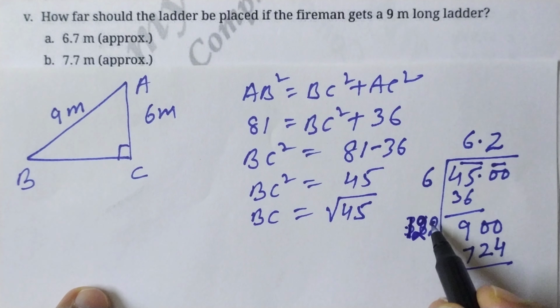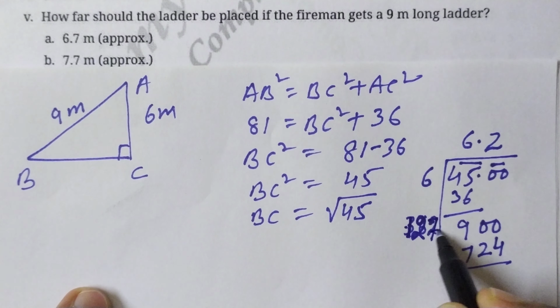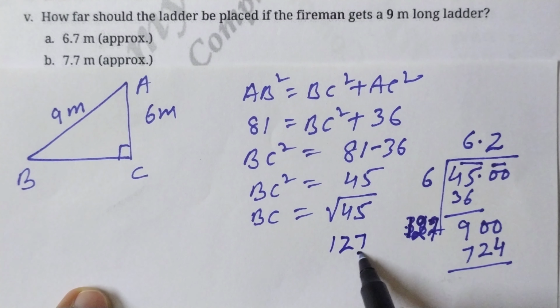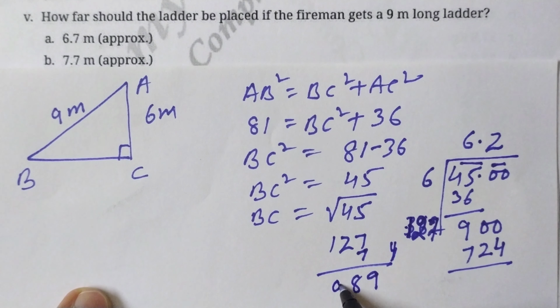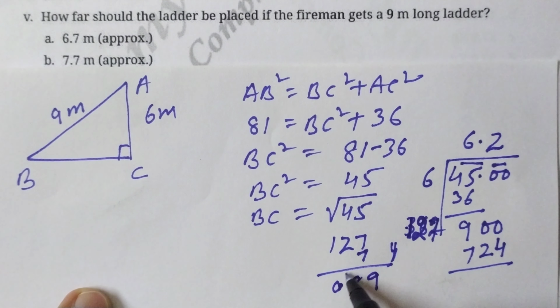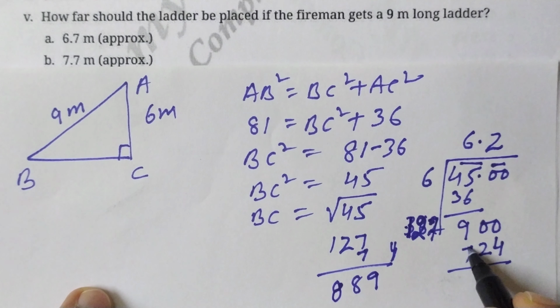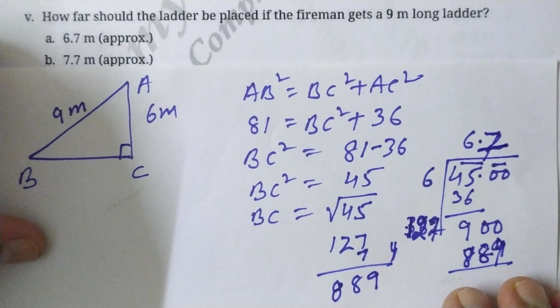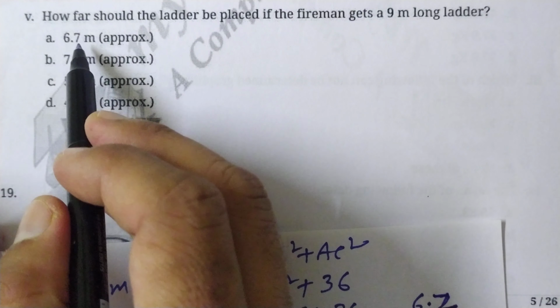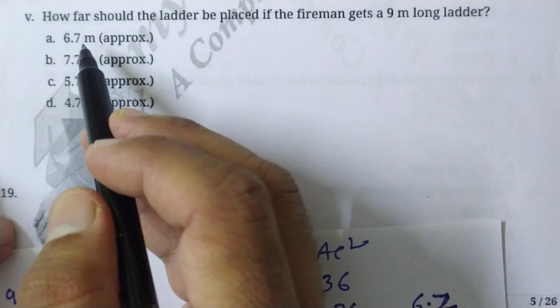So if I put here 1, we are to multiply with 1. So if I put here 7, so it is 127. Then we are to multiply with 7. It is 889. Okay, so it is going with 7 only. So 6.7 is approximate length of this ladder. So A option is correct.